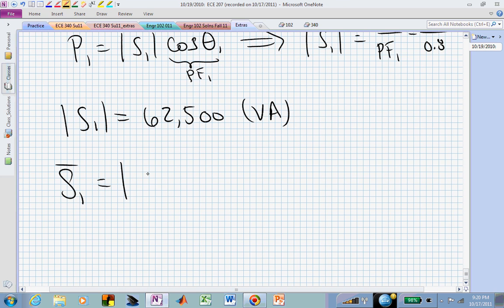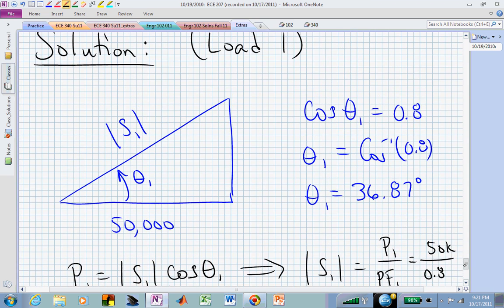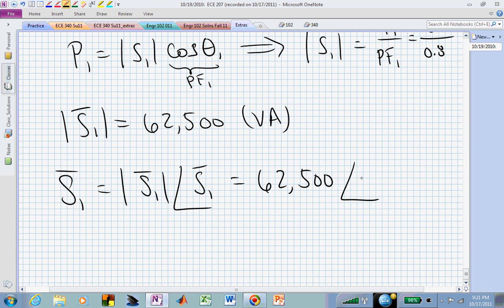And we now know what S1 looks like as a complex number. Our complex power is the magnitude of S1 at an angle of S1. We just computed that the absolute value of S1, or the apparent power, was 62,500, and the angle of S1, which was theta 1, is 36.87, and that's in volt amperes.